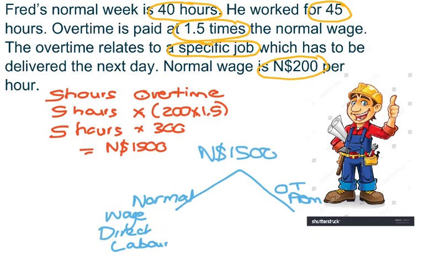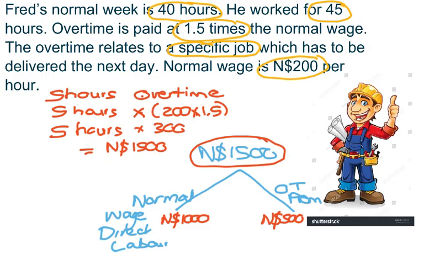But let's still do this calculation. So I'm saying that of this 1,500, 1,000 now relates to my normal hours or to my normal rate per hour, and then 500 relates to my overtime premium.